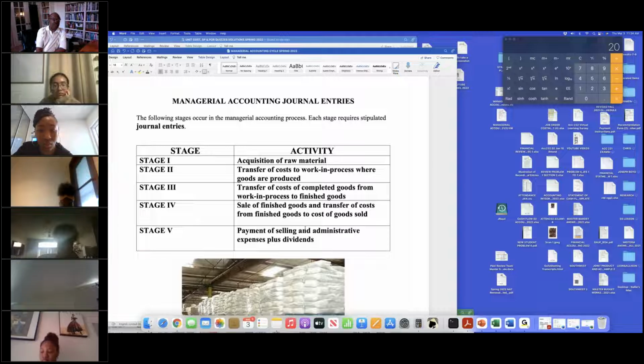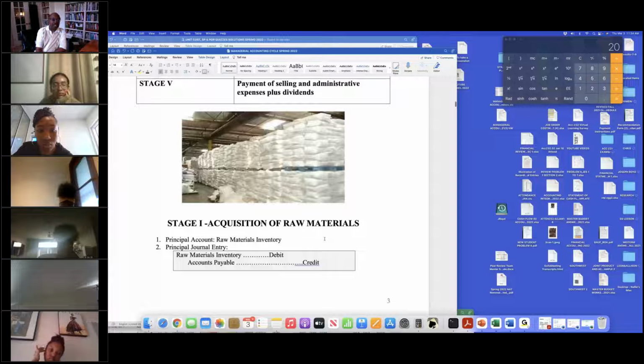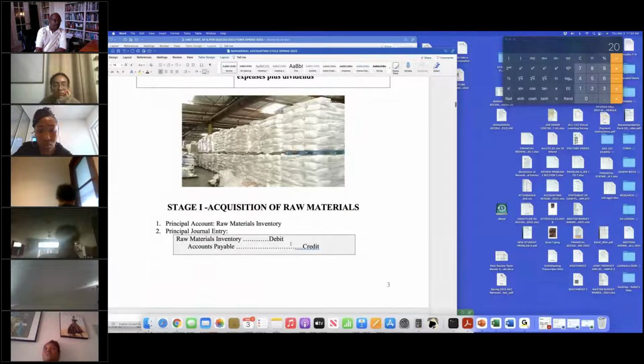Let's go back to stage 1. Stage 1, you buy the raw material. You make this journal entry for however many raw materials you have: debiting raw materials, crediting accounts payable. That journal entry never changes, but you have to calculate the amount for the raw material.